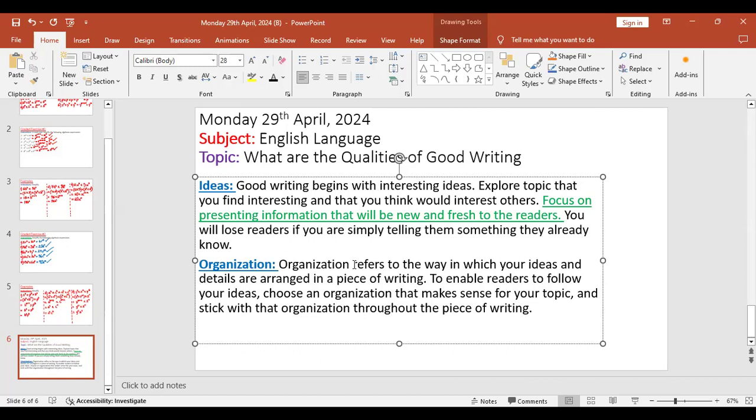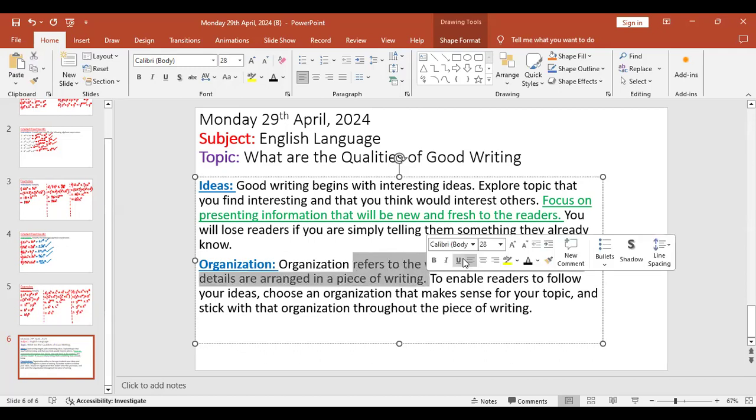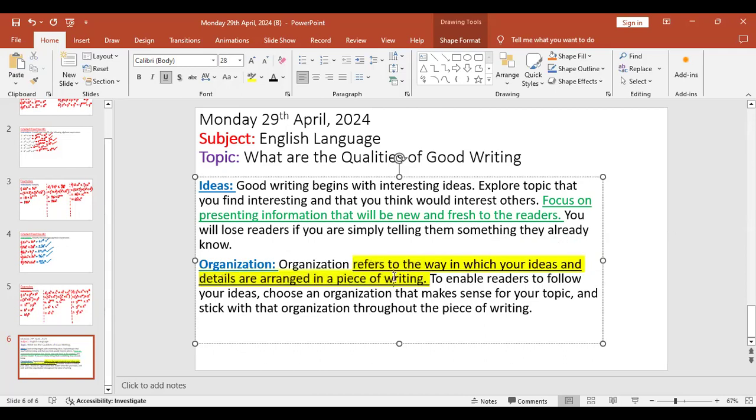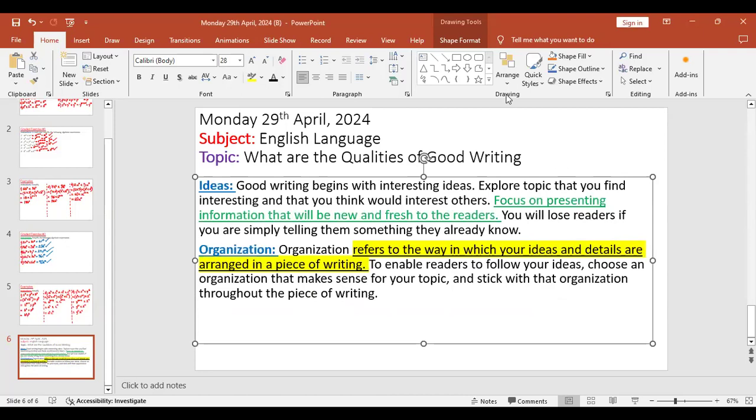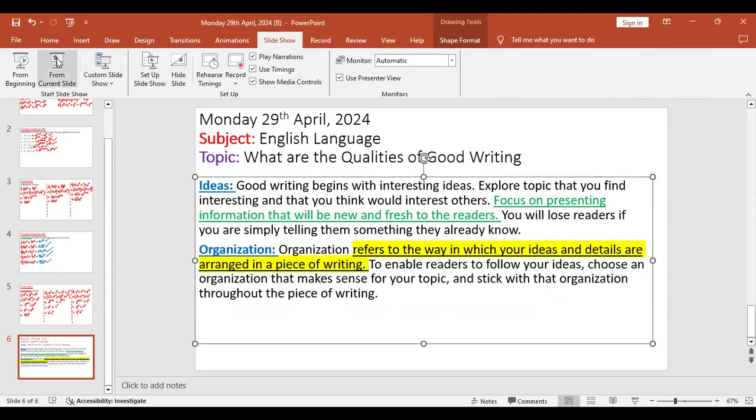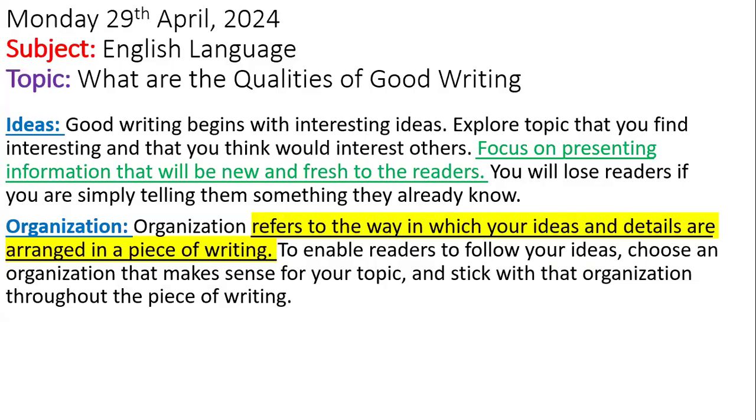So organization refers to the way in which details are presented inside of your writing. So how do you organize your work, right? First you must have a great idea. You must have an idea that draws people, that lures them in, that is interesting, that is fresh, that is not regurgitated information.